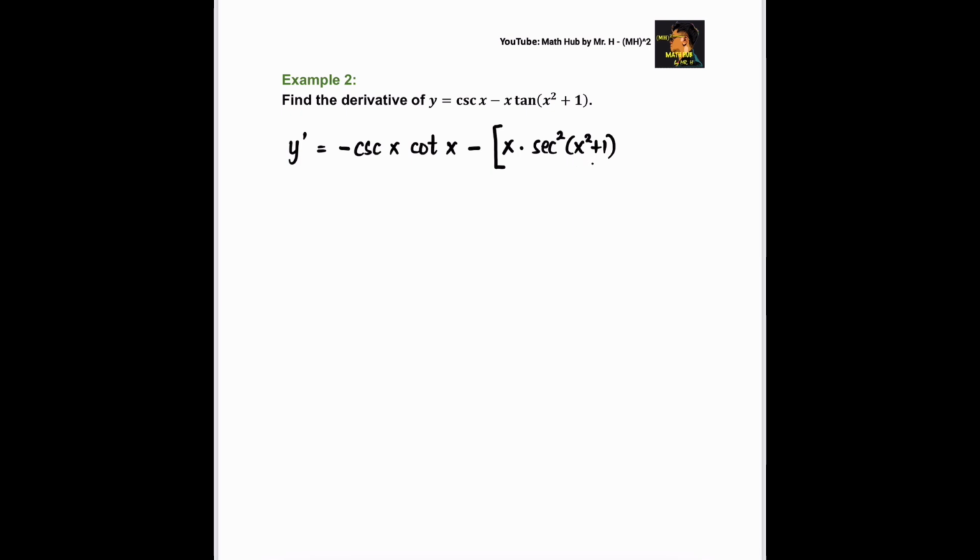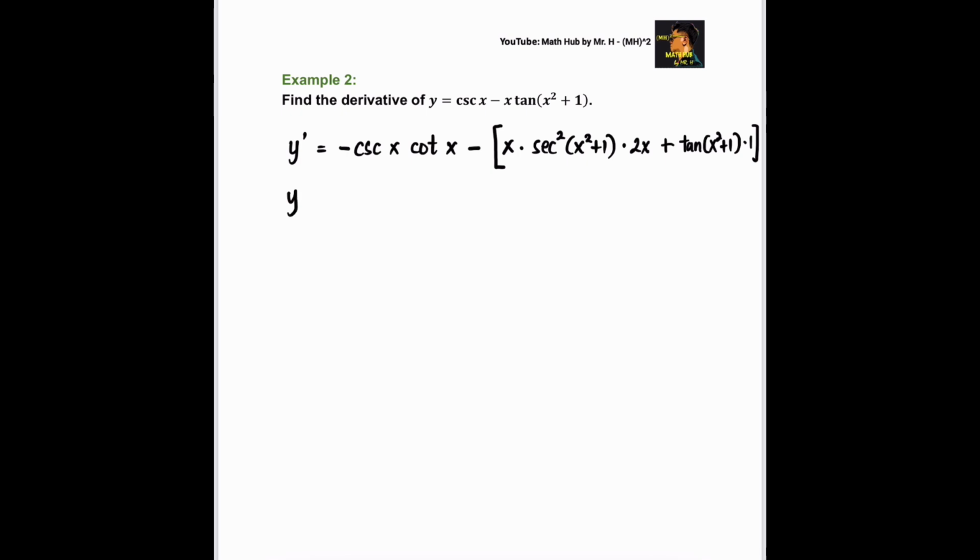But remember to find the derivative of the inside, which is 2x. Plus, we take the second factor, which is tangent of x squared plus 1, times the derivative of the first factor, which is 1.